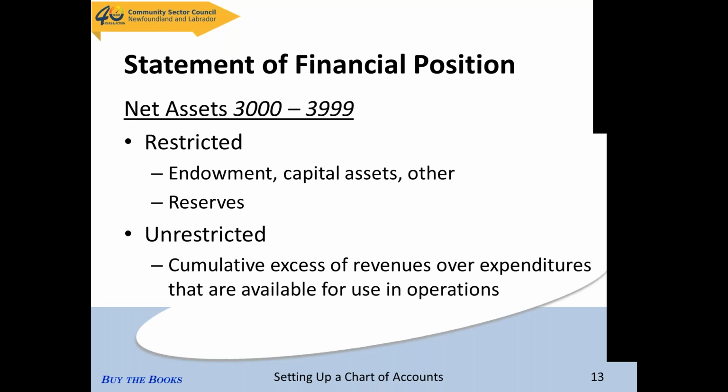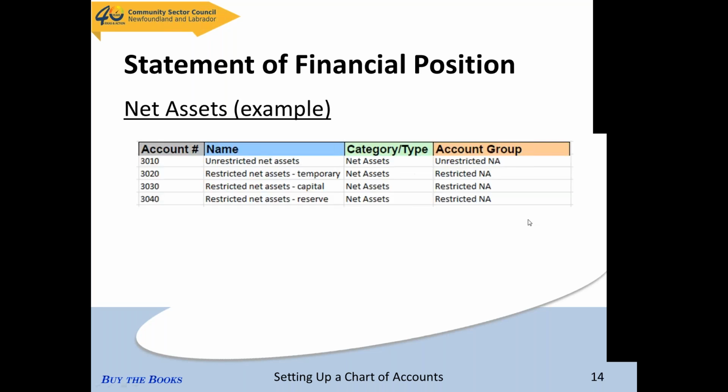So it could be things like reserves that have been put in place, but those net assets are still restricted for a specific purpose. The unrestricted net assets are basically everything else that the organization has generated that is available for use in future operations. So you may only have 2 net asset accounts, restricted and unrestricted. It really depends on the organization itself.